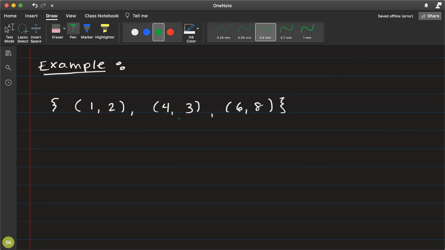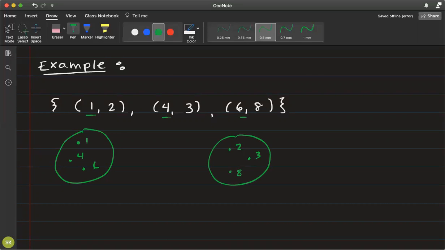We have these 3 points, and we said we can think of them as a function where the domain is 1, 4, and 6, all of the x values, and the range is 2, 3, and 8, all of these y values. And the function says 1 goes to 2, 4 goes to 3, and 6 goes to 8.